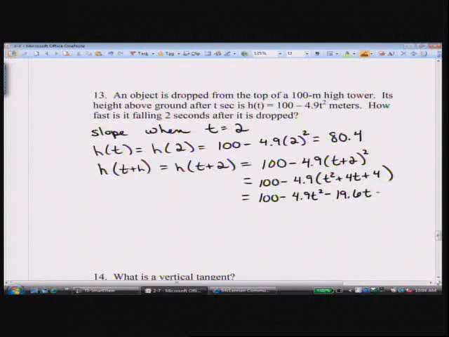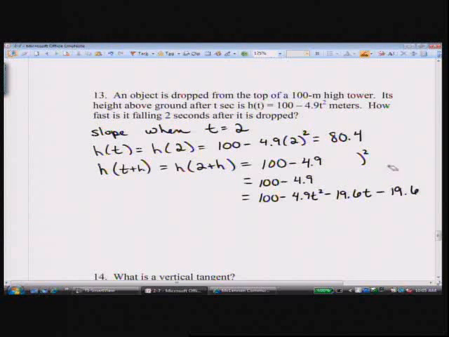That'll be minus. This will be minus also. Minus 19.6? Yeah. Okay. And so then what we're going to do is we're going to look. Oh, I see I screwed that up. That should be 2 plus h. It doesn't really matter, but notation will get you every time. So this is 2 plus h. So this is 4 plus 4h plus h squared. So these should be h's.